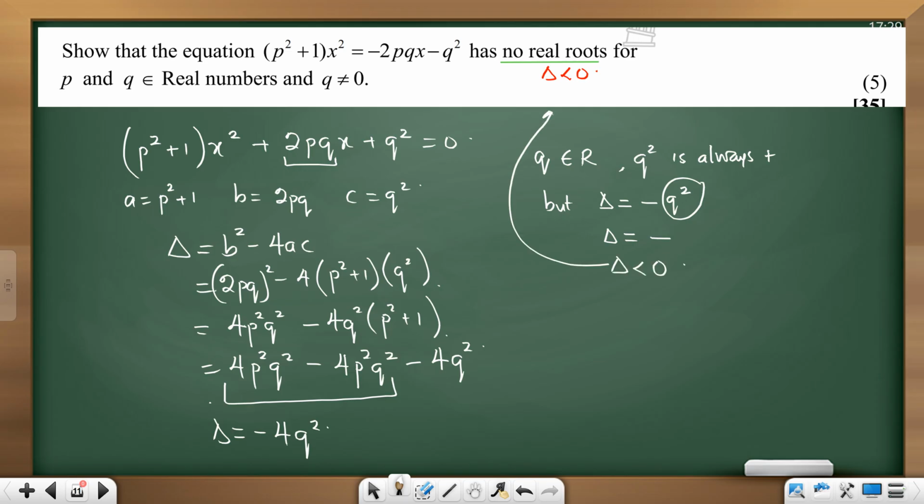For all values of q, so it's non-real. So we're saying negative 4q squared is less than 0 for all values of q. Interpretation. Anything squared will be positive, but I have a negative in front of it, which means the final answer becomes negative.